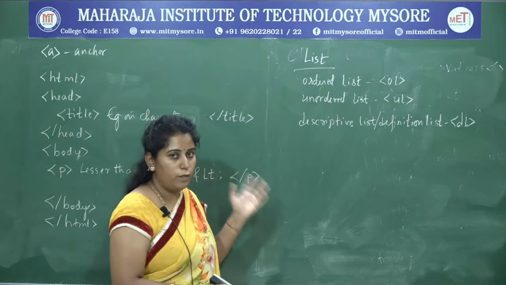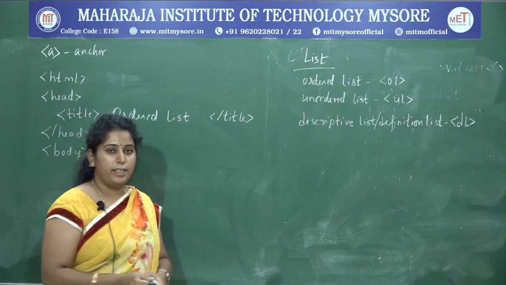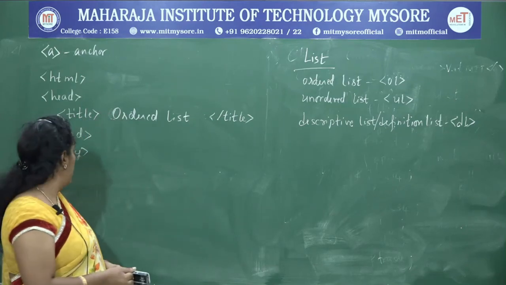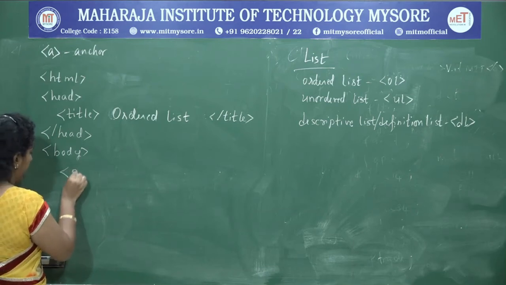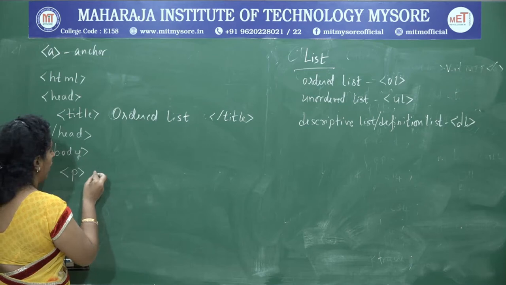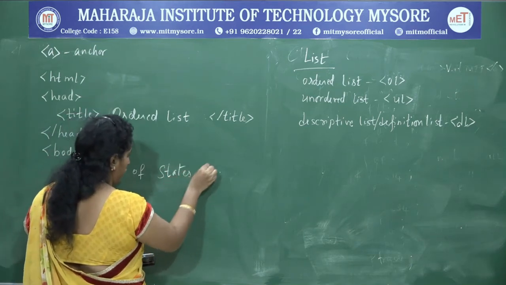So first let us start with an ordered list. I am going to take an example of an ordered list, so the title is named ordered list. Inside the body part, I can give a text message in P: list of states.